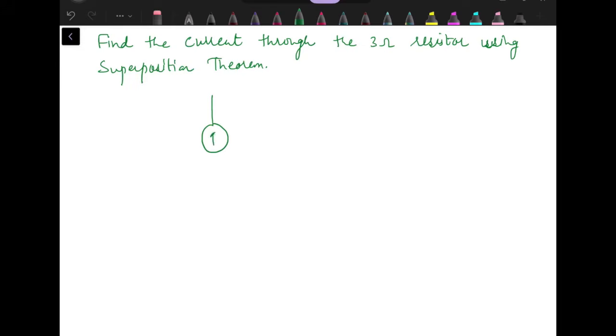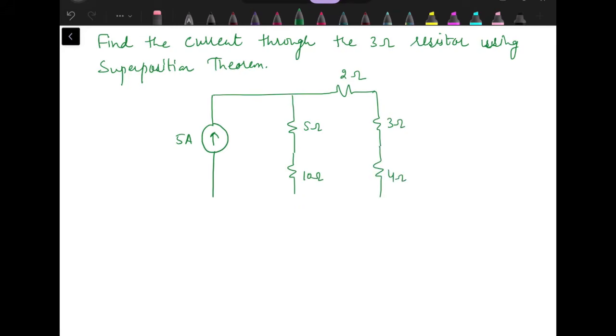So firstly we have a current source, and different resistances, and here we have an independent voltage source.